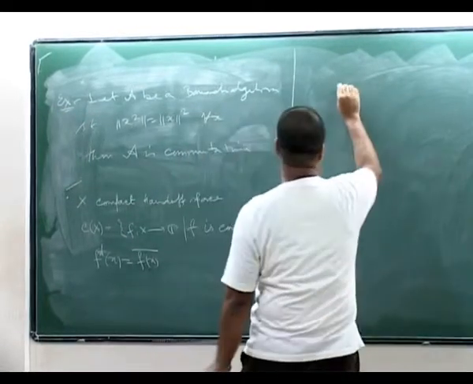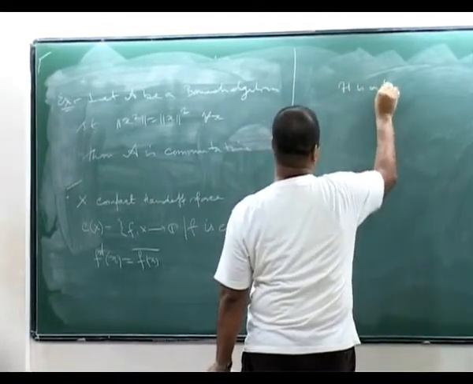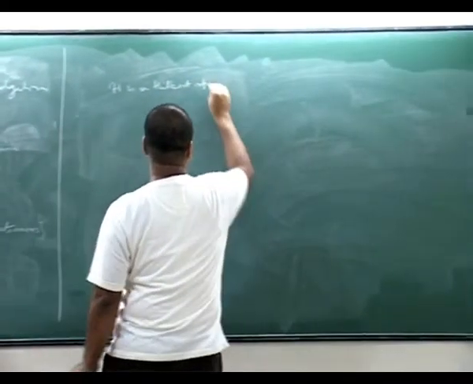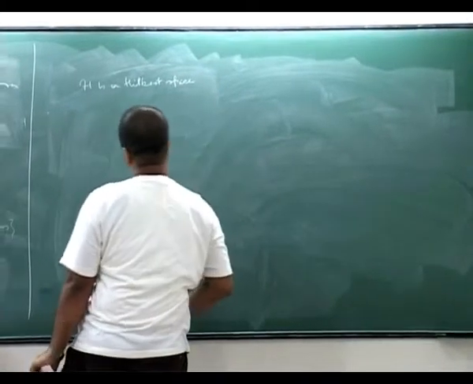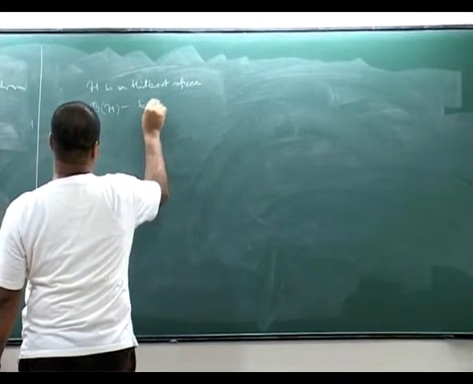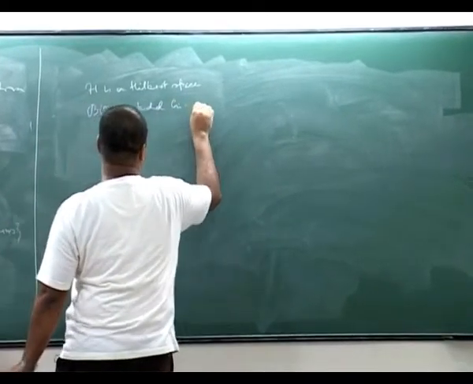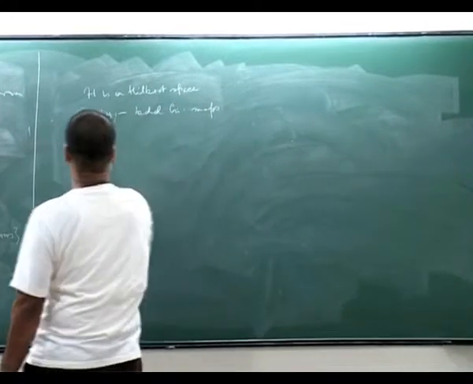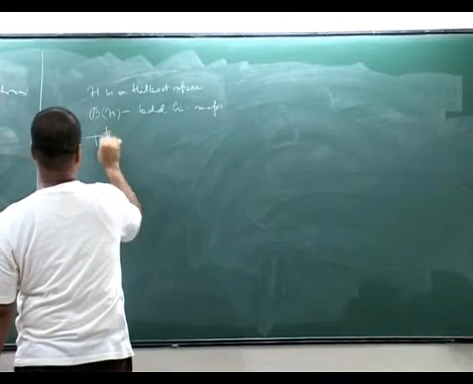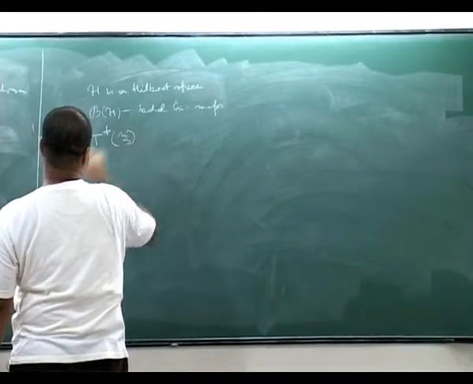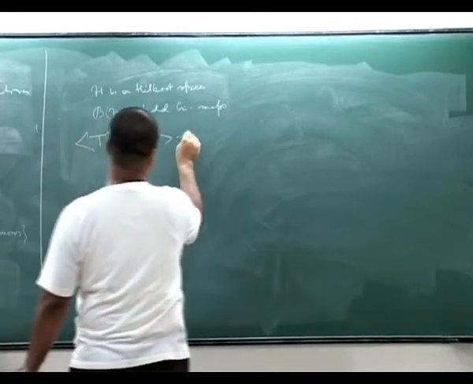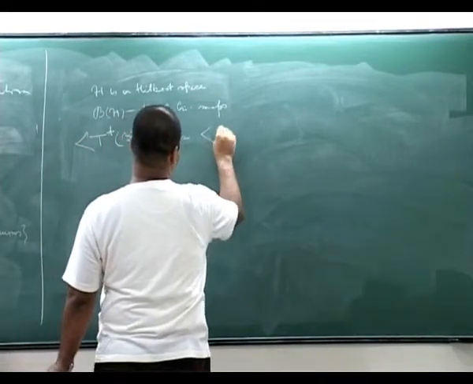Another example is: H is a Hilbert space, then B(H), bounded linear maps. Now given an element T, I want to define the operator T star, so I have to say what T star does to a vector xi. Instead of specifying that, I specify what it does like that.